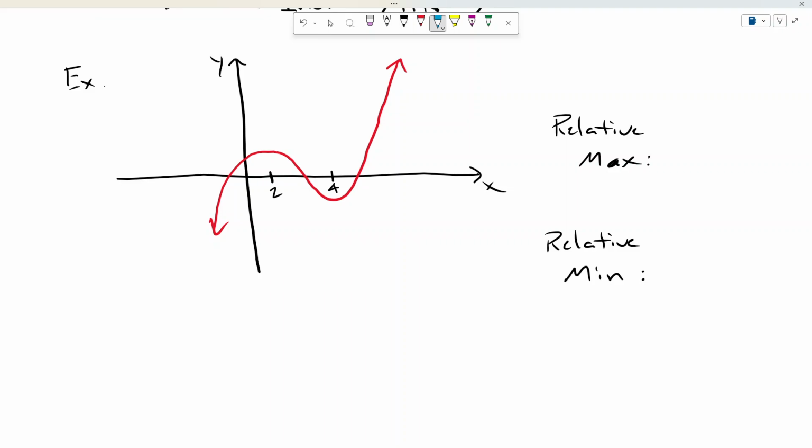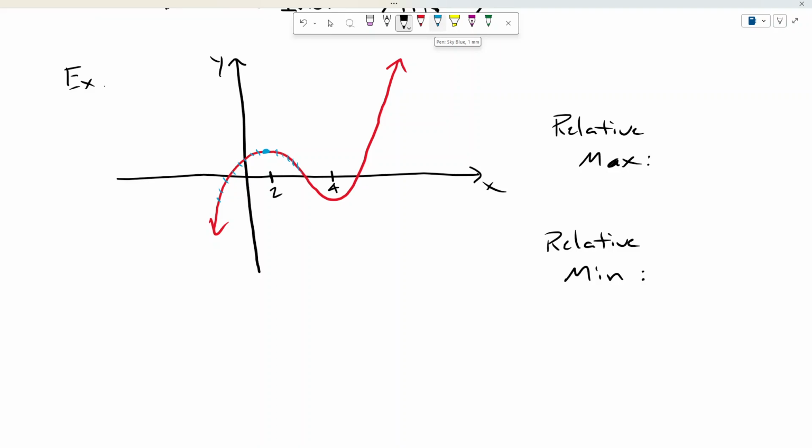Well, looks like we have a hill. It's certainly higher than the points immediately around it. And we're going from increasing to decreasing. So we just said when we have a change of behavior like that, that is a telltale that we have a relative max.